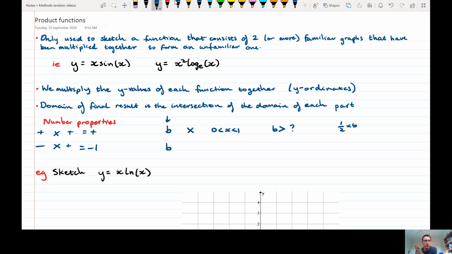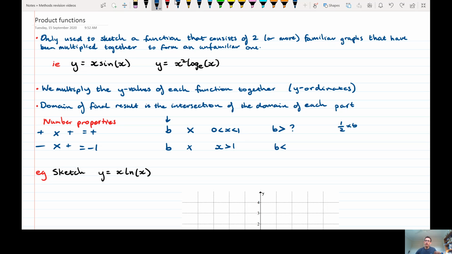So a number between 0 and 1, when multiplying, will reduce the other number, whatever the value of b is. But if I multiply b by a value that's bigger than 1, it'll increase b. So the final result will be bigger than b. Okay, so multiplying by a number between 0 and 1, the number diminishes. If you're multiplying by a number bigger than 1, it increases.